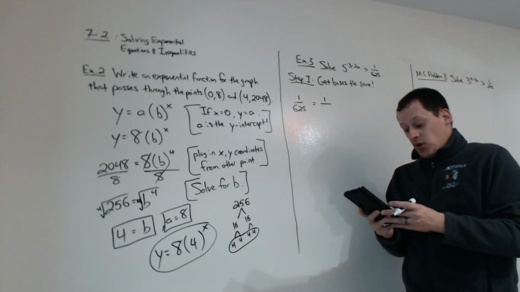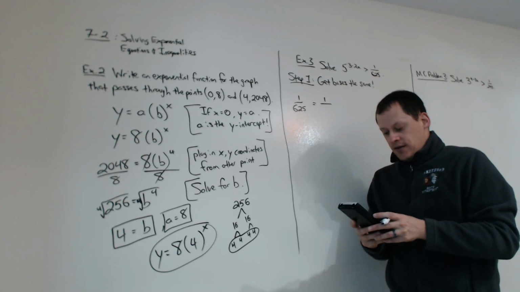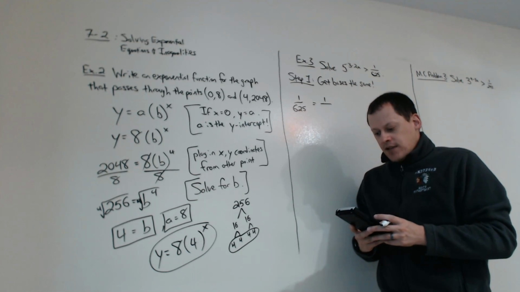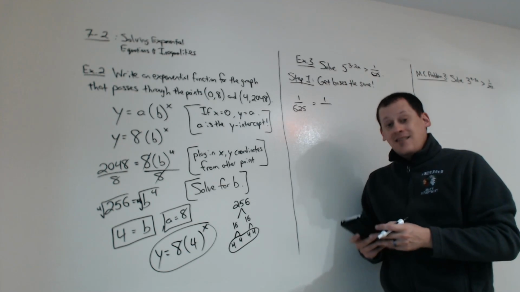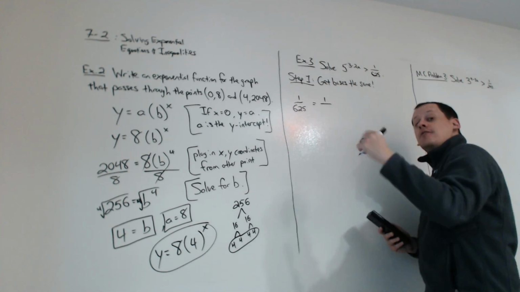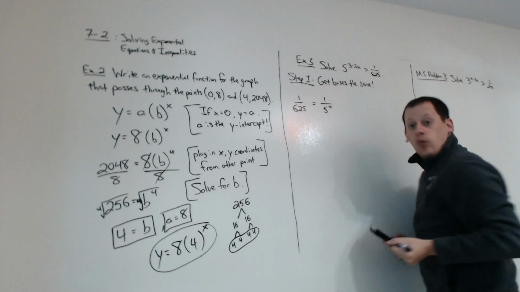I'm just going to keep multiplying 5 and see how many times I have to do it to get 625. So 5 times 5, 25. Times 5 again, 125. Times 5 again, 625. So I had to do 5 to the 4th power to get this number. So this is 1 over 5 to the 4th.